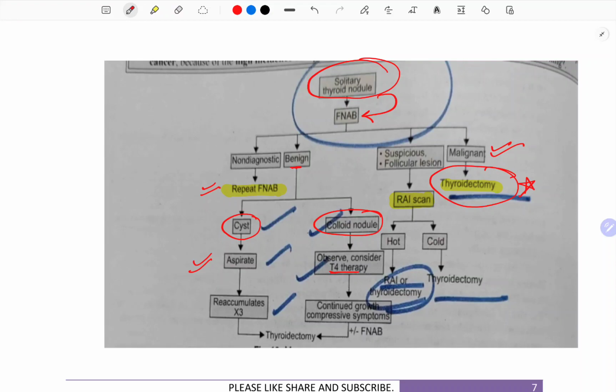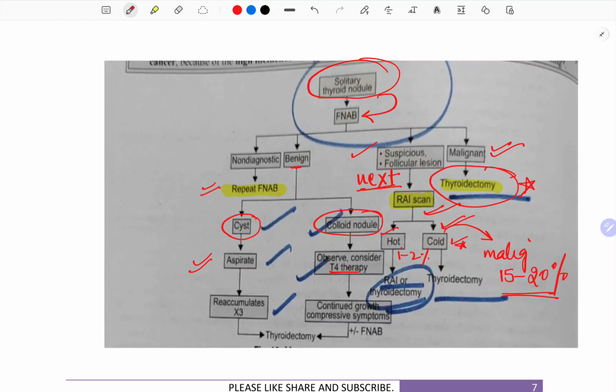But in case it is inconclusive or suspicious, then we will next order a radioiodine ablation scan, and we will look for whether the nodules are cold or hot. And just remember one point, that most of the nodules which are cold, that is, those which do not take up the radioactive iodine, are malignant, with a chance of 15 to 20% cases, whereas in the hot nodules the chance of malignancy is only 1 to 2%.